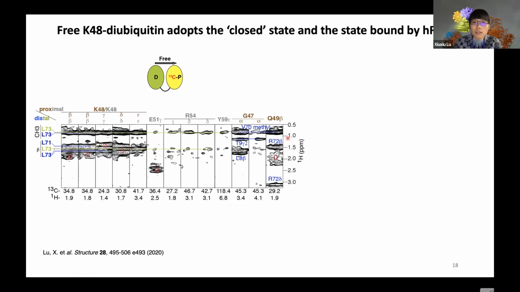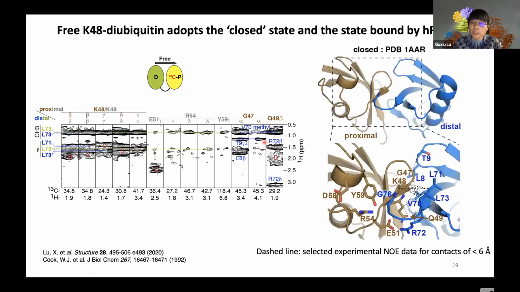This strong NOE dataset supports the reported closed conformation of K48 diubiquitin solved by X-ray. In this structure, proximal ubiquitin is colored brown and distal ubiquitin is colored blue. For example, proximal ubiquitin glutamine 49 forms NOEs to distal ubiquitin arginine 72 protons.